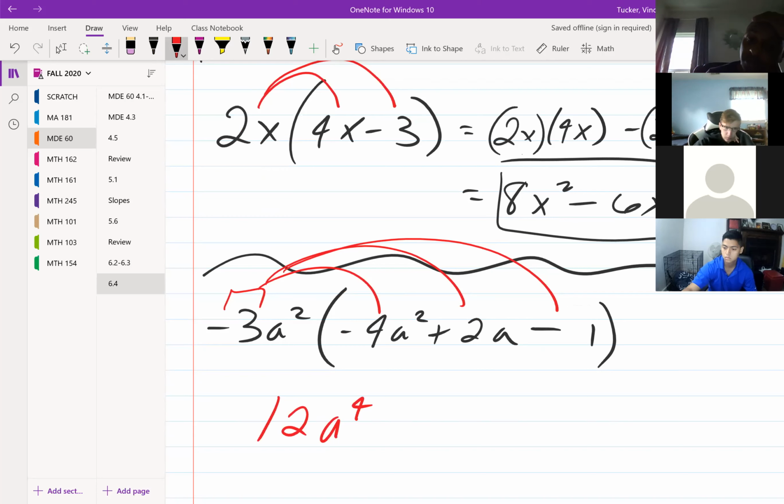So negative 3 times negative 4 is a positive 12. A squared times a squared is a to the fourth. Negative 3a squared times 2a will be negative 6a to the third. Negative 3a squared times negative 1 will be positive 3a squared.